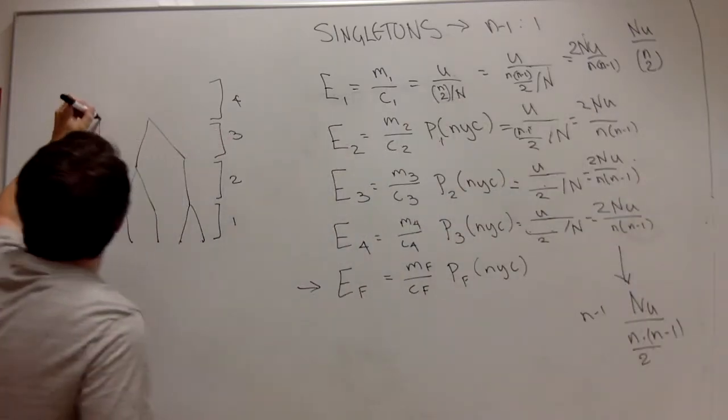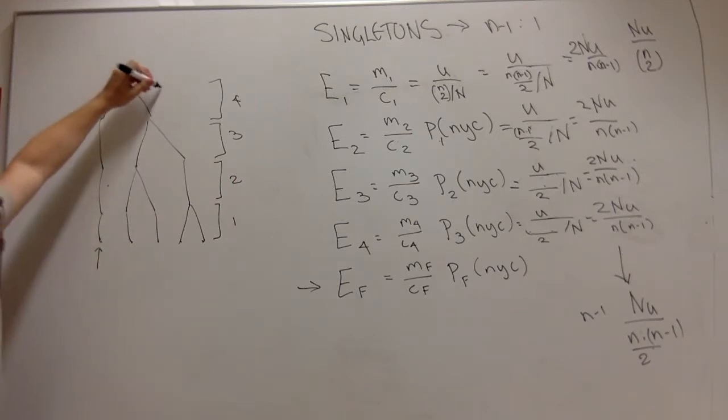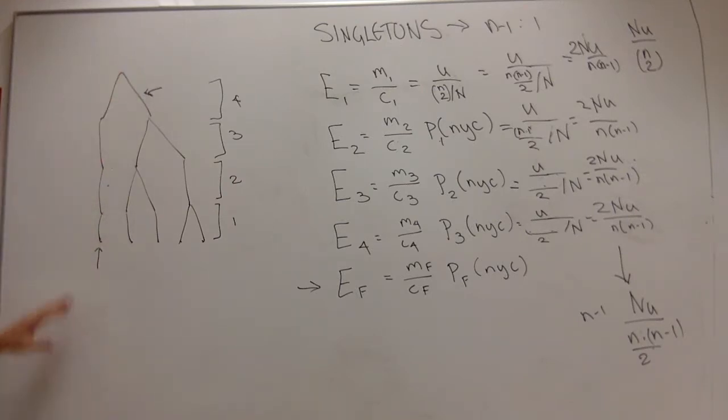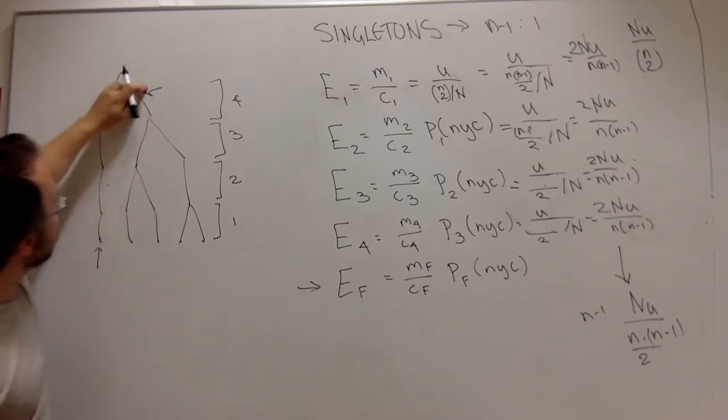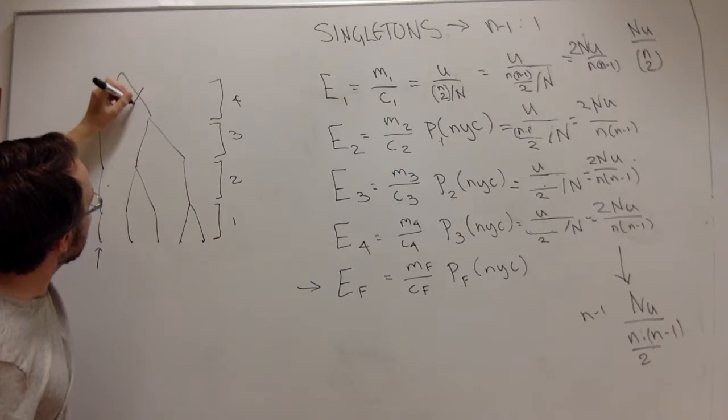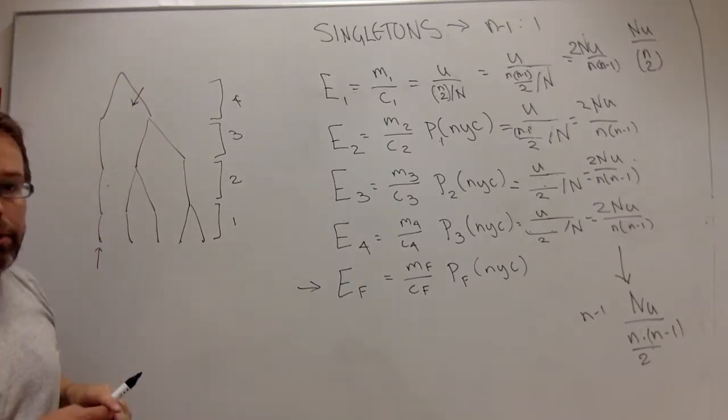So this funny part is this branch right here. We've said the number of singletons is equal to the number of mutations that occur on this branch, plus the number that occur on this branch, assuming this hasn't coalesced yet, plus the number on this branch, assuming it hasn't coalesced yet, plus this. But if it hasn't coalesced all the way to the end, I want you to recognize that mutations that occur here also make singletons, right?